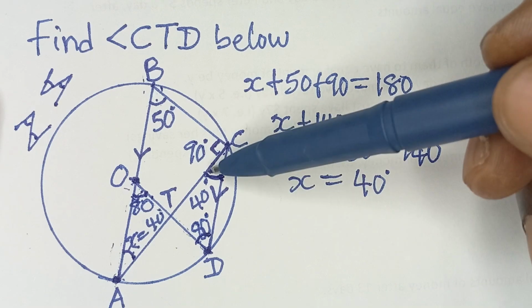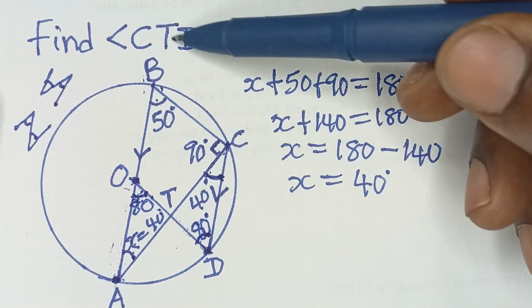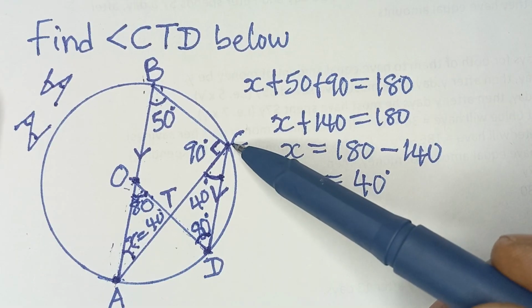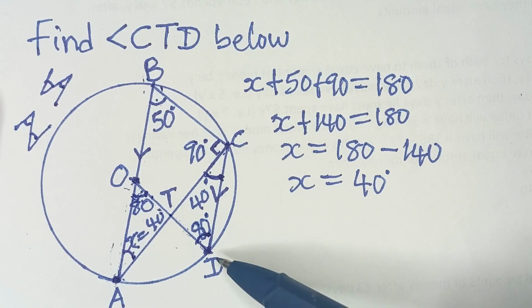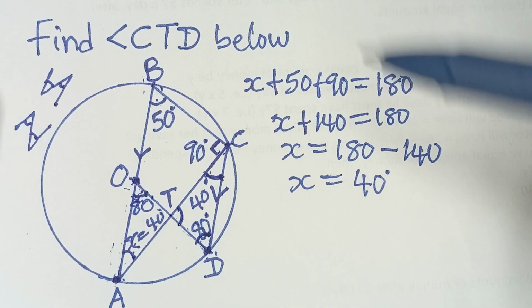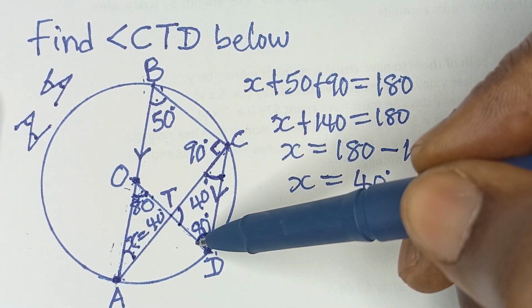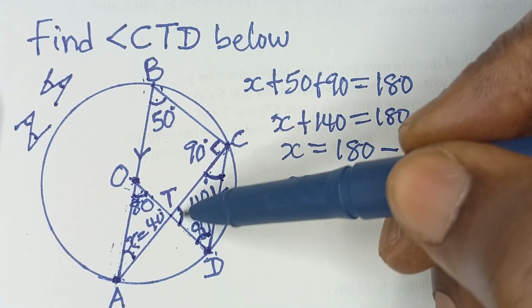Now, coming back to this triangle, don't forget we are looking for angle CTD, which is exactly this angle that we are looking for. So we have this angle as 40, we have this angle as 80, and let's look at this angle CTD.